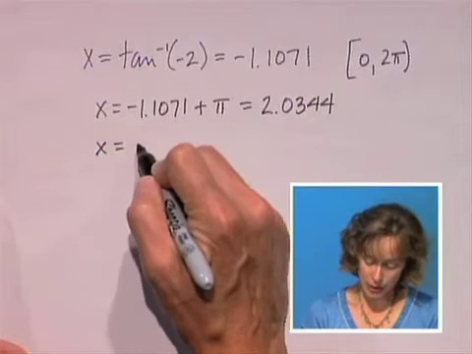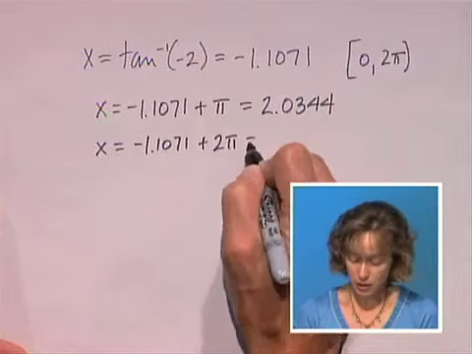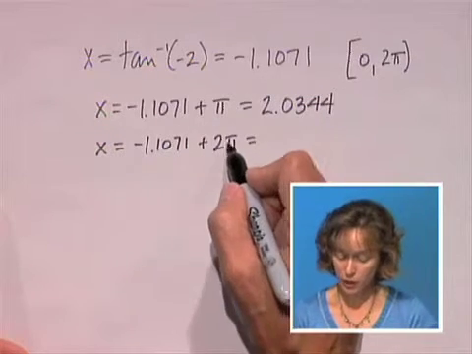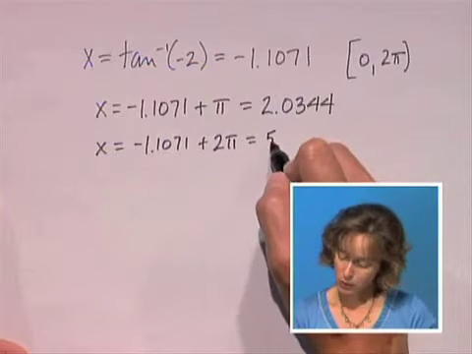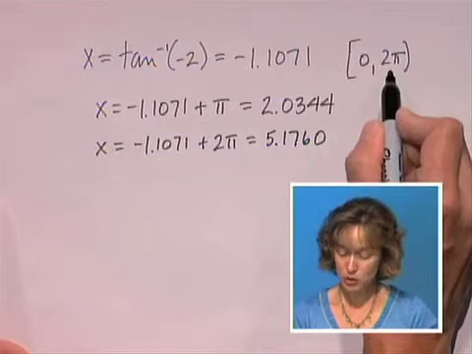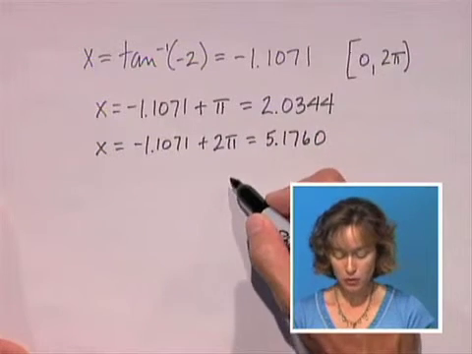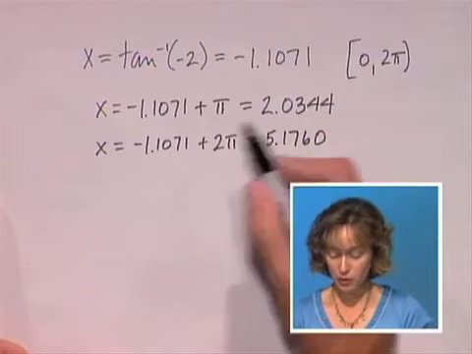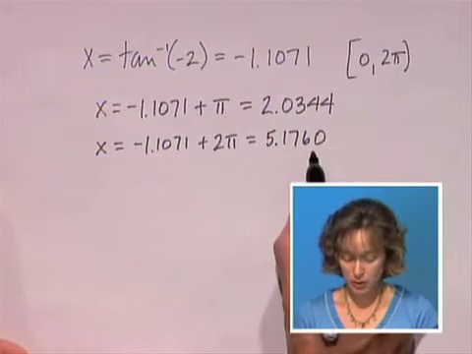I'm also going to add 2 pi to get a second solution. Again, with the help of a calculator, if you add 2 pi to negative 1.1071, you end up with 5.1760, which is less than 6.28. I could continue this pattern, but if I add 3 pi to this value, I'll get a number larger than 6.28, so I know to stop at this point.